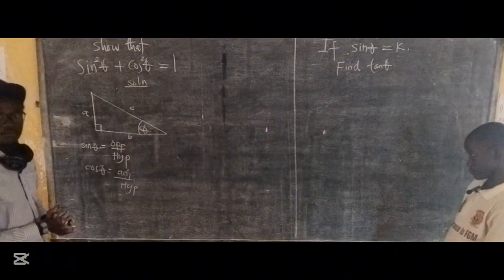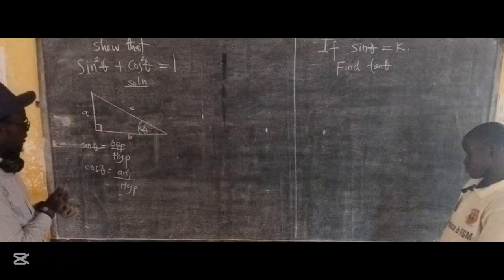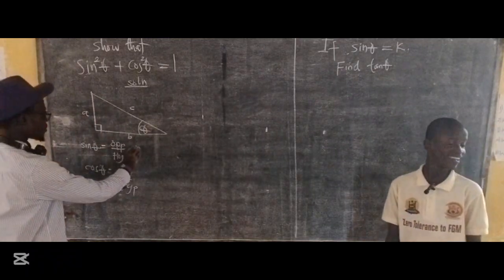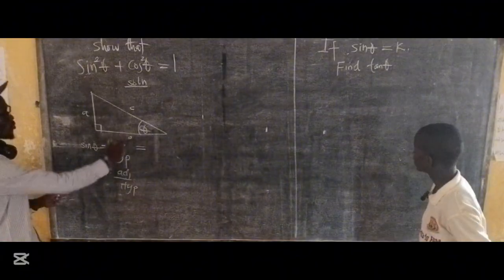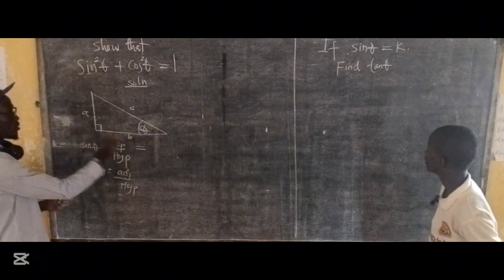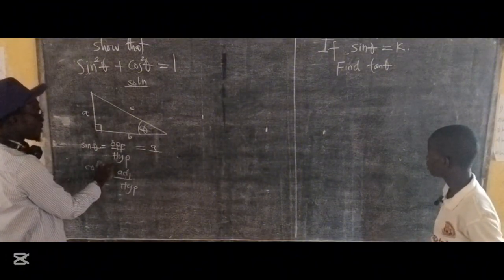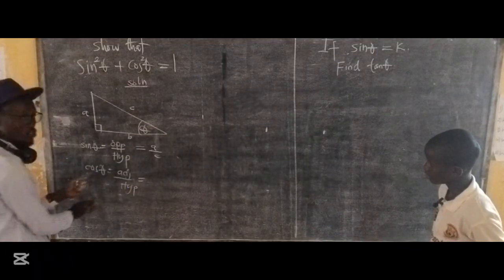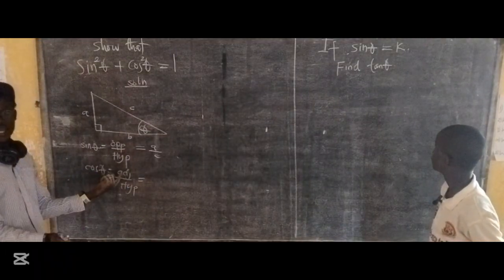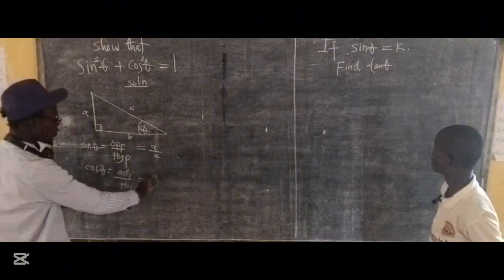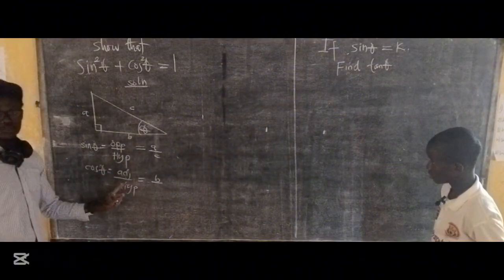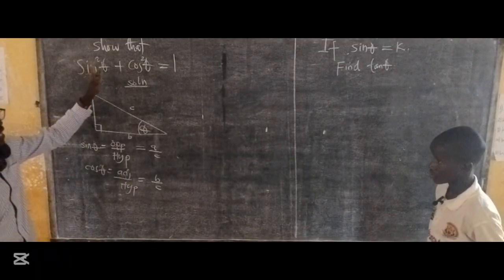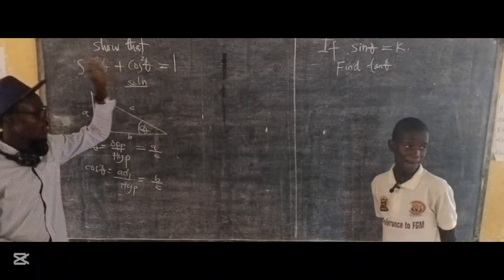Now, if you want to find sine theta from this, what is the opposite? It is A. We say A divided by the hypotenuse, which is C. Similarly, for cos, what is the adjacent? It is B. We say B divided by the hypotenuse, which is C. Now, the question says, sine square theta plus cos square theta is equal to 1.